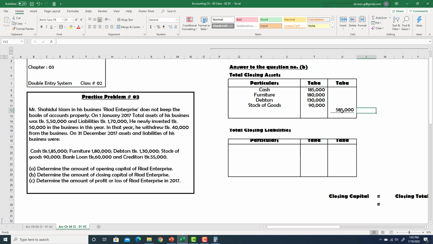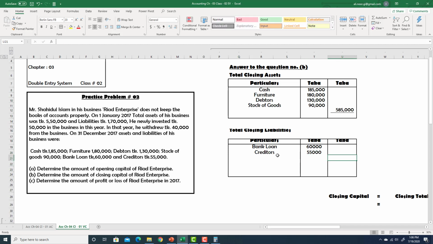Then let's see closing liabilities. Here the closing liabilities are bank loan taka 60,000 and creditors taka 55,000.